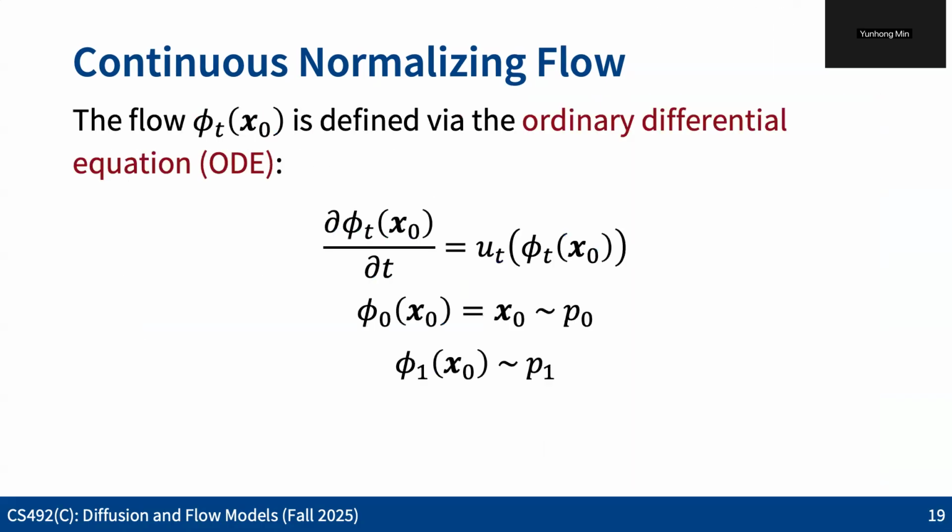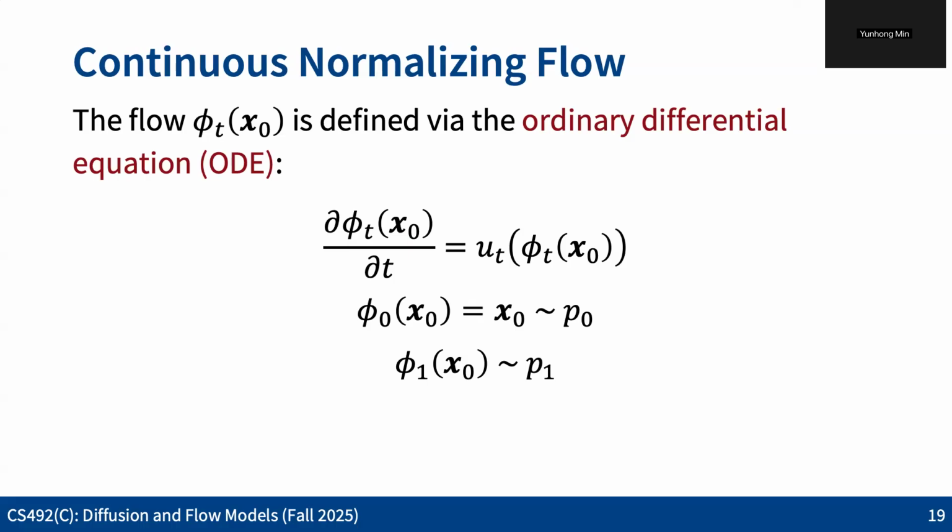We have already seen that the flow map here can be defined based on this ODE formulation with the vector field. Obviously, the starting point of the trajectory should be the same as this point, by definition of the flow map. We define the flow map as the trajectory starting from this. So when the time t is 0, it should be the same as x0, right? And if we map x0 all the way to time 1, then there should be one sample of the data distribution.